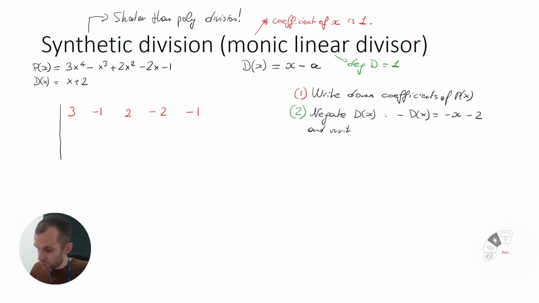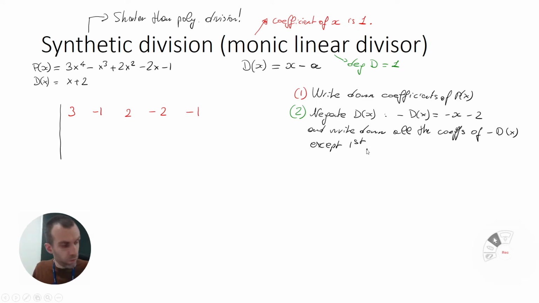We write down all the coefficients of minus d of x except the first, so that's only this minus 2, and we write that down on the left here.